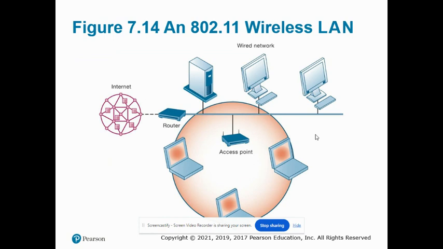The access point controls the wireless stations and acts as a bridge between the main wired LAN and the wireless LAN. A bridge connects two LANs based on different technologies, like your wireless network to your Blu-ray player, so that you can download internet movies from Netflix and watch them on your TV.